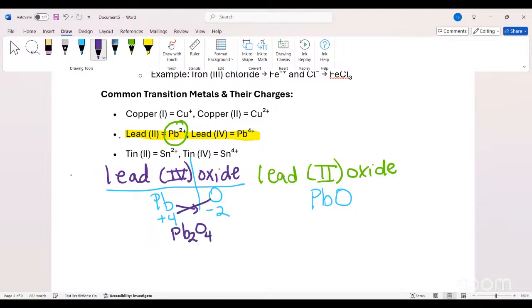Here is the deal. In chemistry, we don't want to leave the answer as Pb2O4. Instead, we're going to reduce it down by dividing both numbers by 2. So you end up with PbO2.